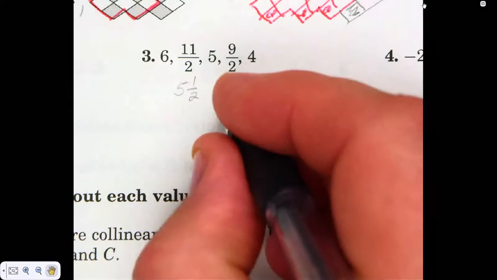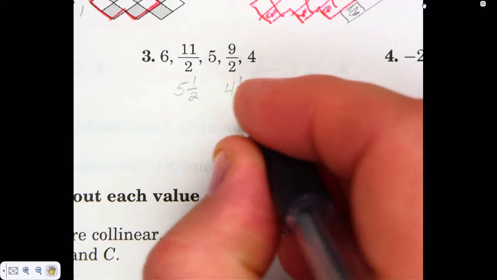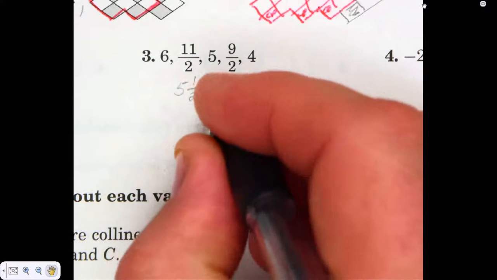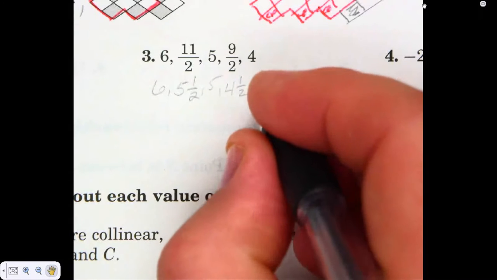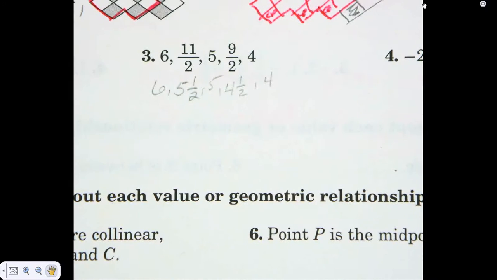What I did in my mind is, well, which makes more sense to you, 11 over 2? Or if you wrote that as a mixed number, it'd be 5 and what? 9 over 2 or what? Now is it kind of easy to see what's happening each time? What are we doing? Subtracting 1/2 each time.